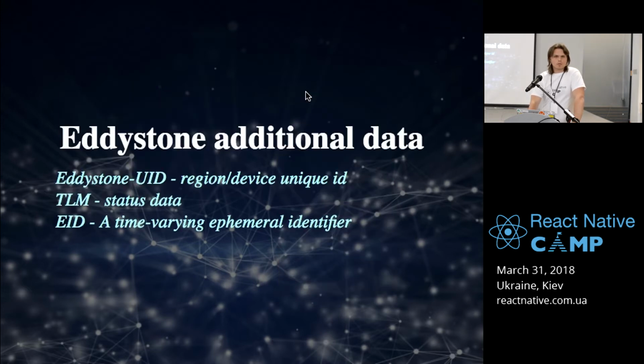So Eddystone, in addition to URI, sends additional data. It has UID, which is a unique identifier, TLM, status data, and EID, a time-varying ephemeral identifier. What does EID mean? I'm familiar with RSA security keys that change the key every time. Has anyone seen one of those? No one? Okay. So it's like an encrypted key that changes every couple of minutes, seconds, whatever.